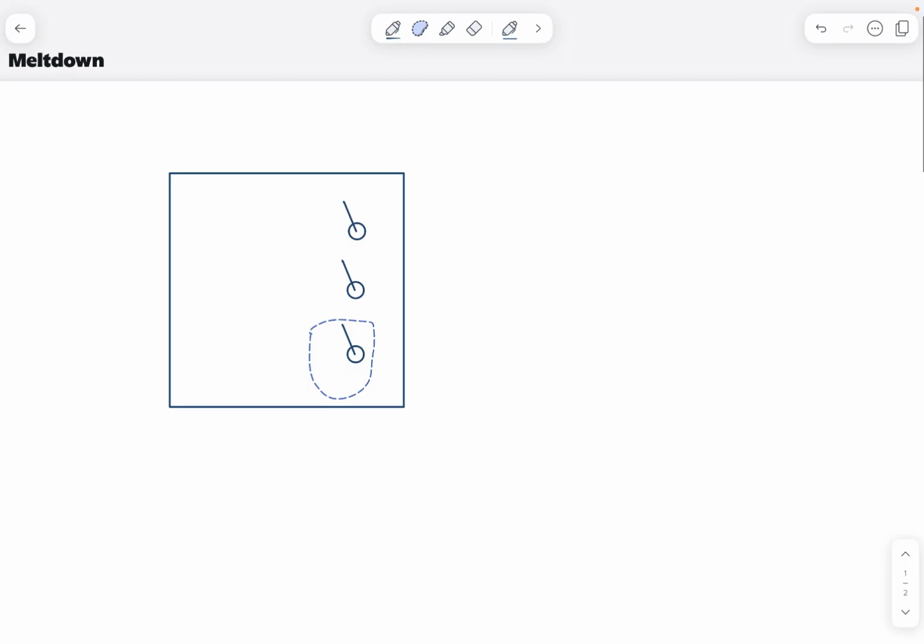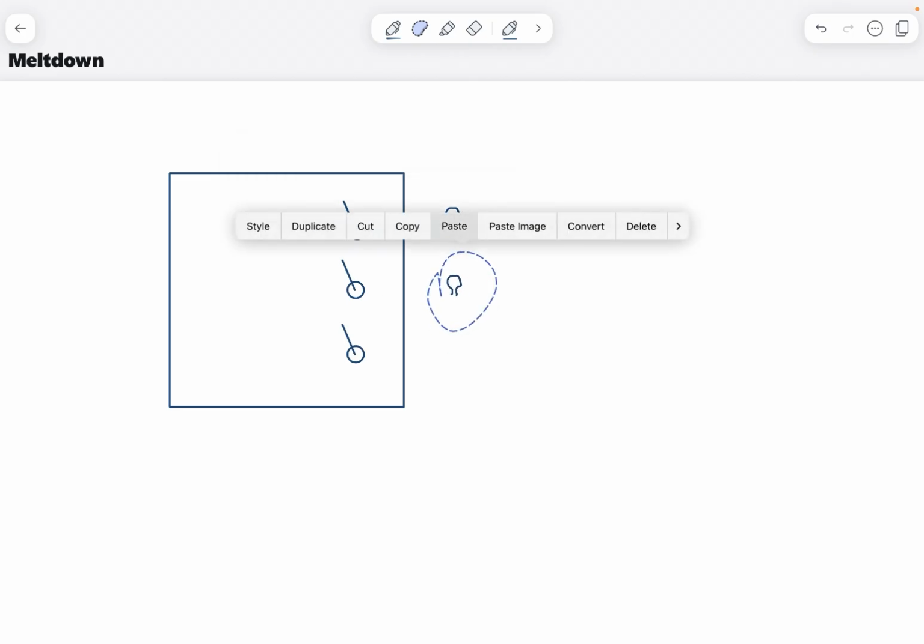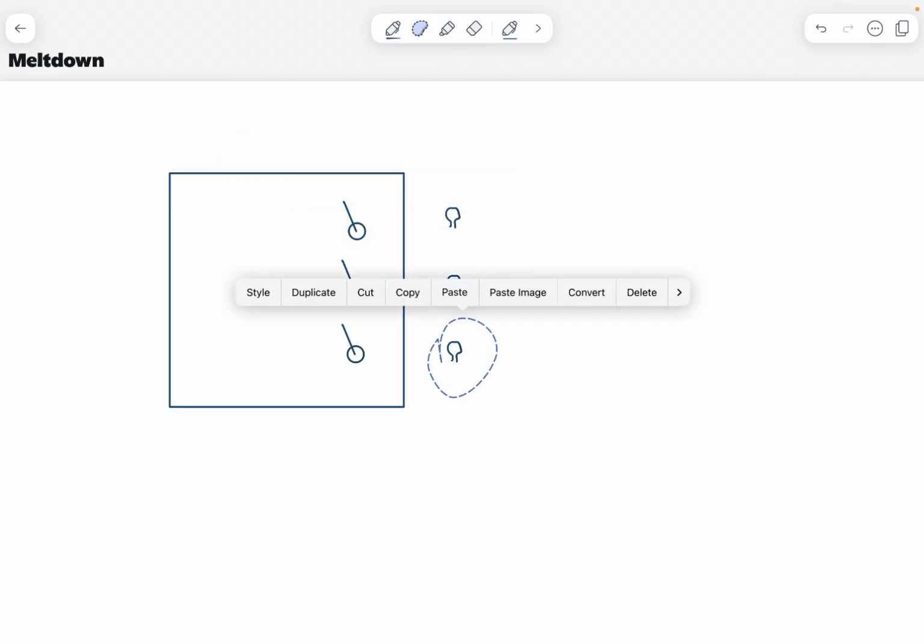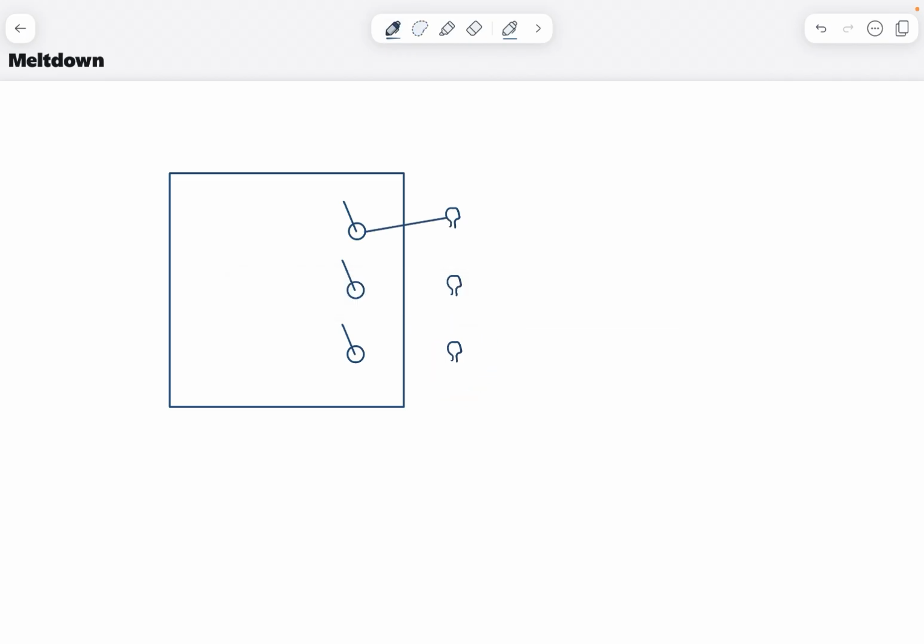And on the other side we've got 3 light bulbs. So this is light bulb 1, this is light bulb 2, and this is light bulb 3. They're connected: control 1 controls light bulb 1, control 2 controls light bulb 2, and control 3 controls light bulb 3.